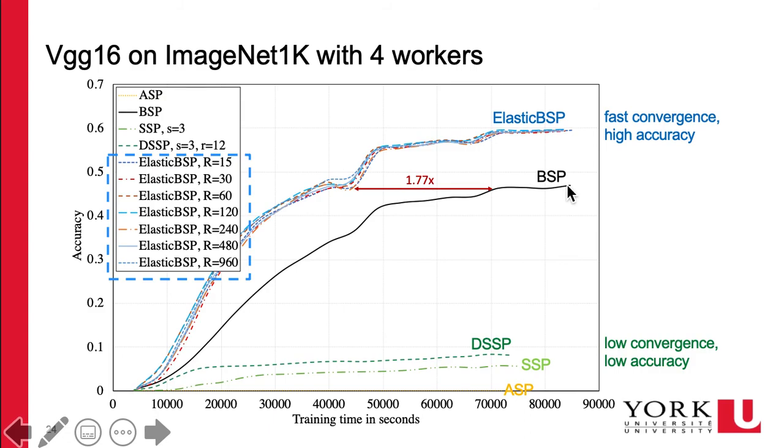They have not really converged at this point, since we only ran for 24 hours. However, we can see that the learning speed of ElasticBSP is 1.77x faster than BSP. We also added other parallel models, like DSSP and SPASP, in the comparison, and we found that they are very hard to learn this complicated DNN on the large data set.